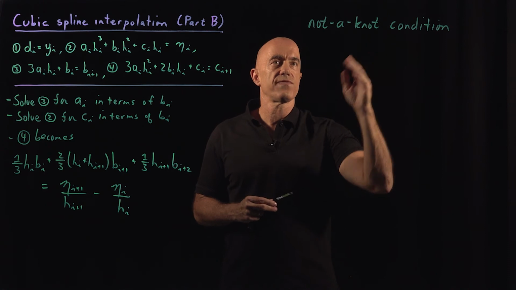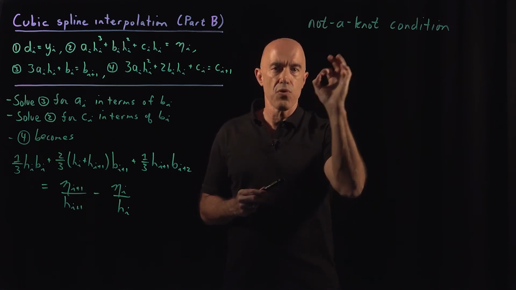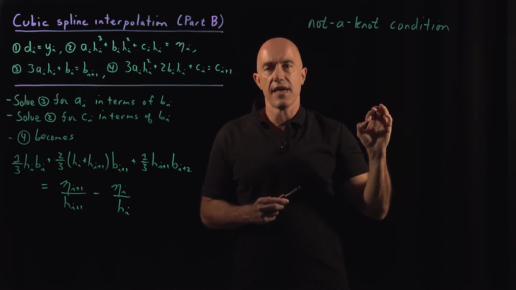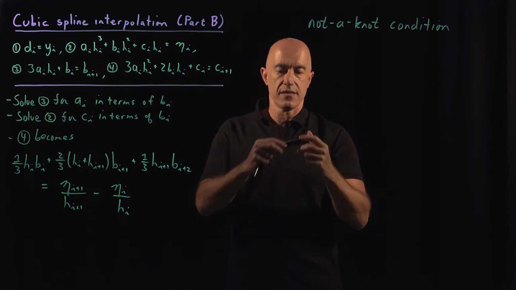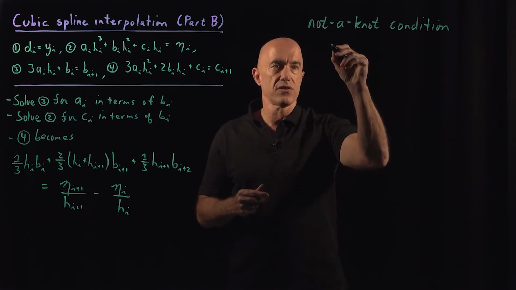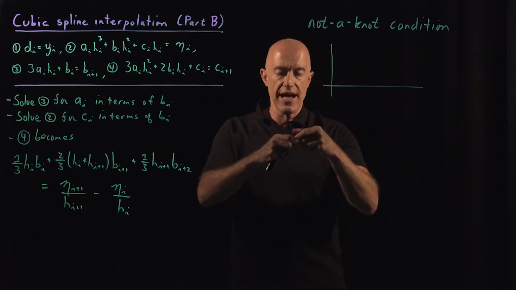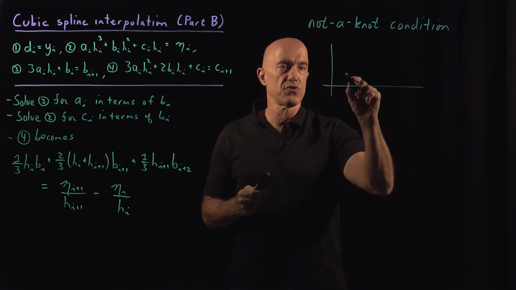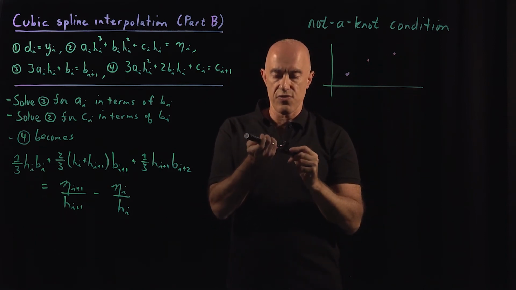The "knot" in not-a-knot refers to the fact that these points on the graph that you know are called knots. So not-a-knot here, I can draw the graph to make it more clear. So if we have, say, only the first 2 points here, right? So I'll draw 3 points here.